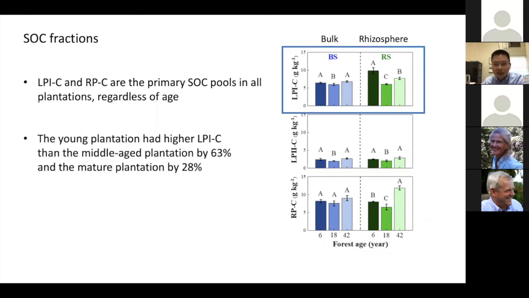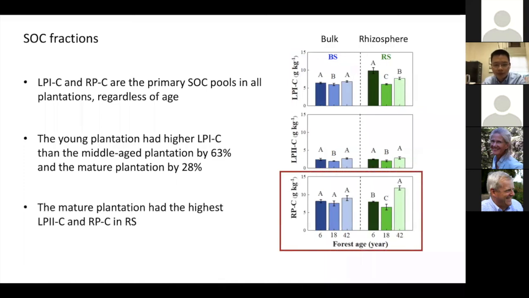Second, I found the young plantation had the highest labile pool 1 carbon compared with the middle-aged and mature plantations. But the mature plantation had the highest recalcitrant carbon pool in rhizosphere soil.